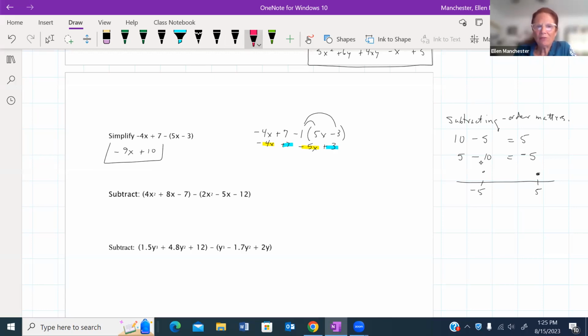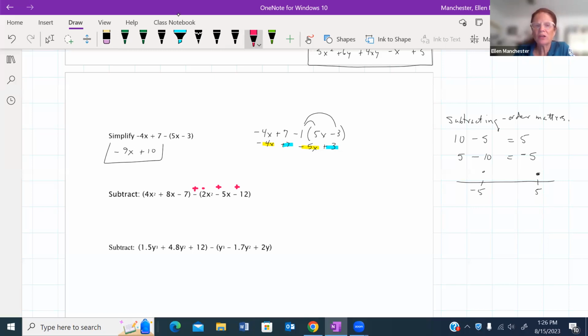So this negative becomes a positive, and every term changes signs. Let me do that above it. So this becomes a -2x, this becomes a +5x, and this becomes a +12.